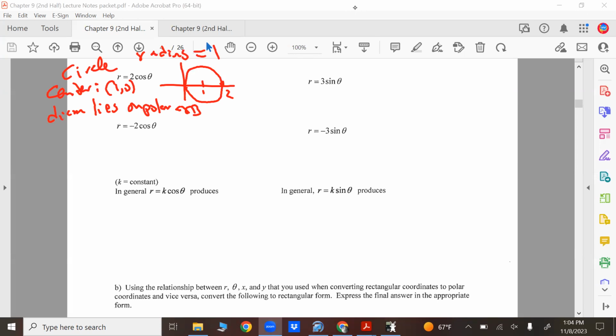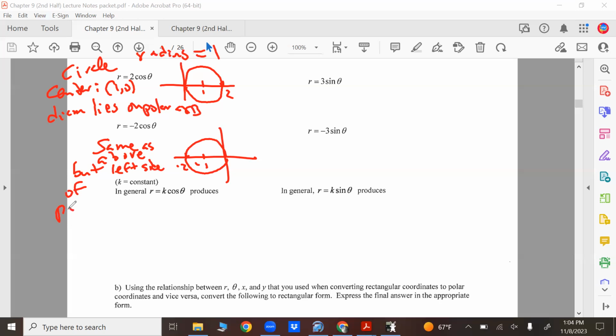And then here, same as above, but it's on the left side of the polar axis.